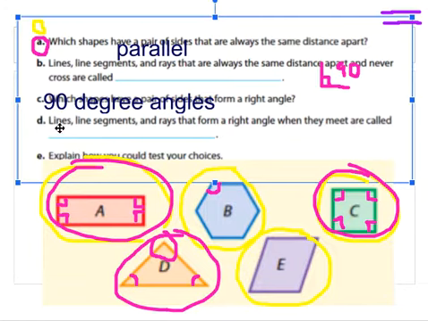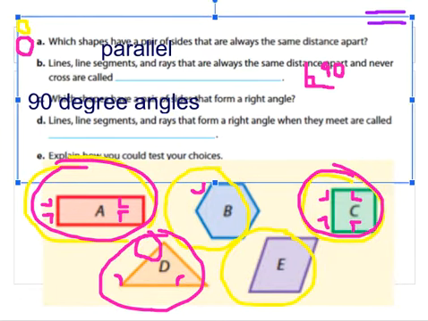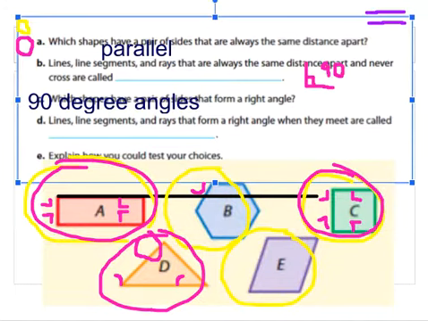And also for the parallel lines, how can we test those? Well, we know that we can test those by extending those lines. So for instance, if I extend this line and make it much longer, and if I extend this line and make it much longer, they can go on forever and never ever cross, right? They're the same distance. So if you extend your lines and they don't cross over, you know that they are parallel.